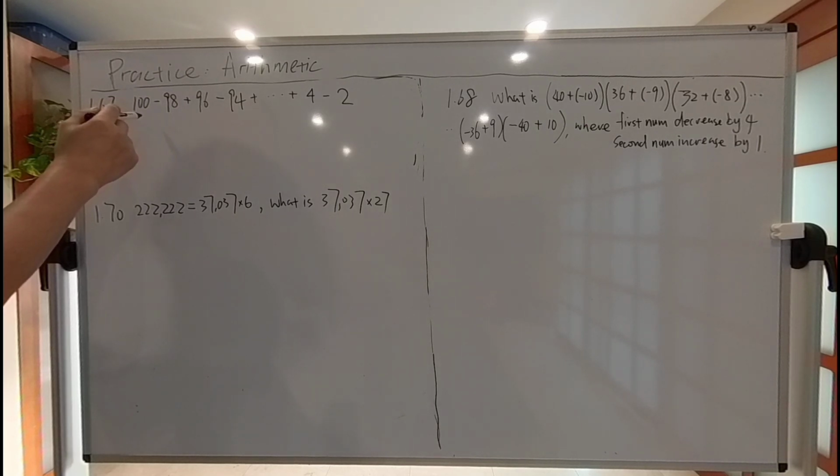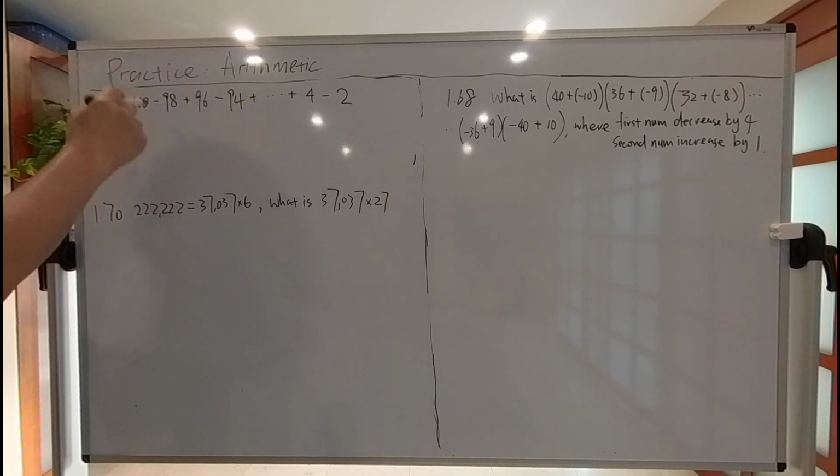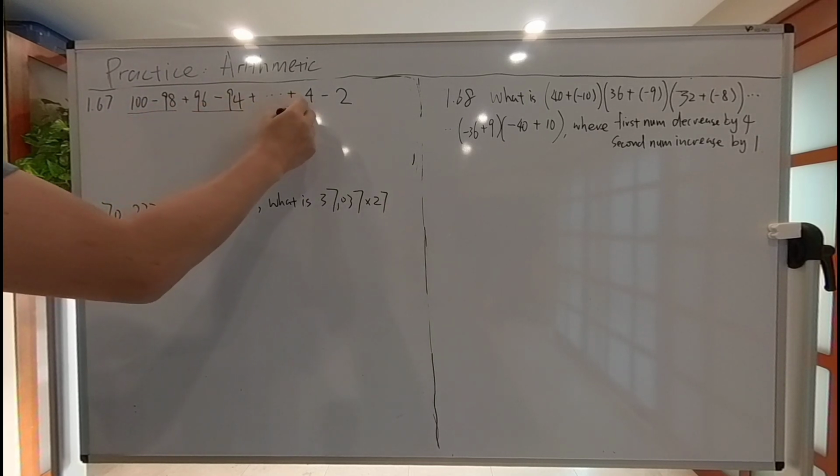So this time the pattern seems not to come from the first term and the last term, or the second term and the second last term. The pattern seems to come from the two neighboring numbers, right?